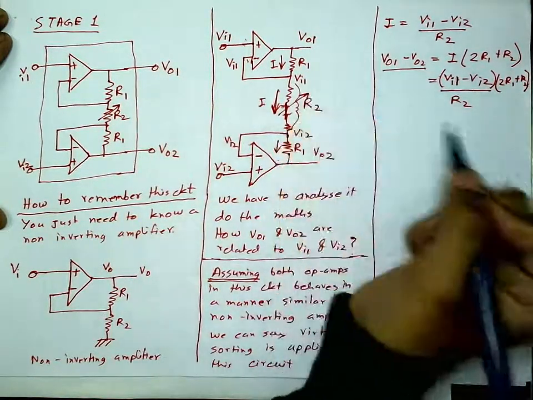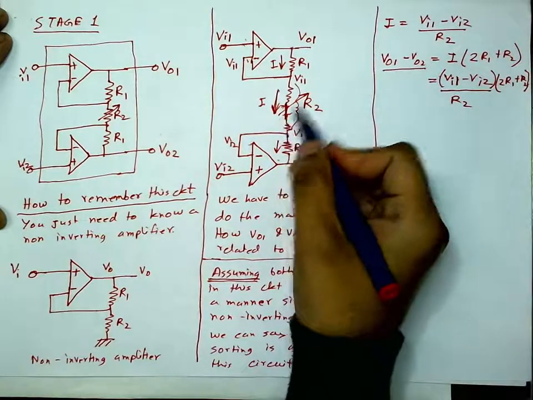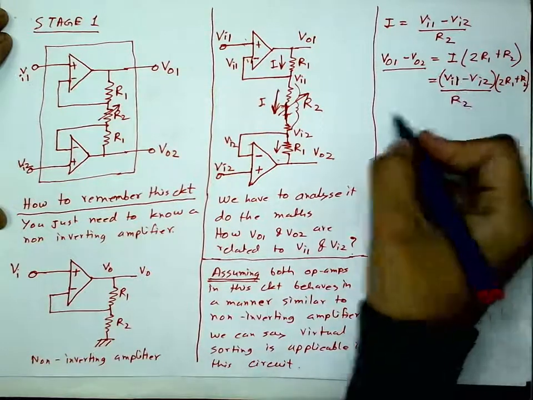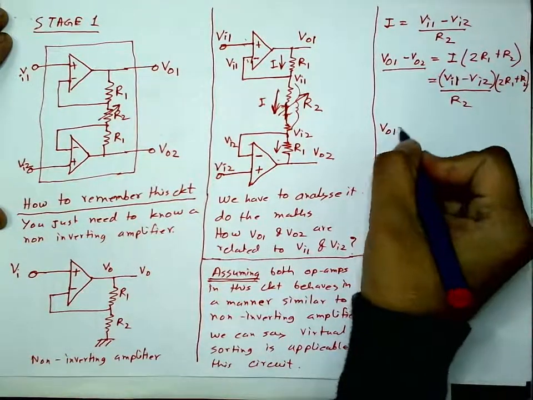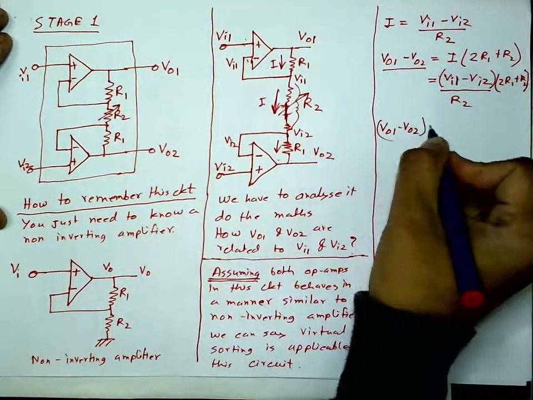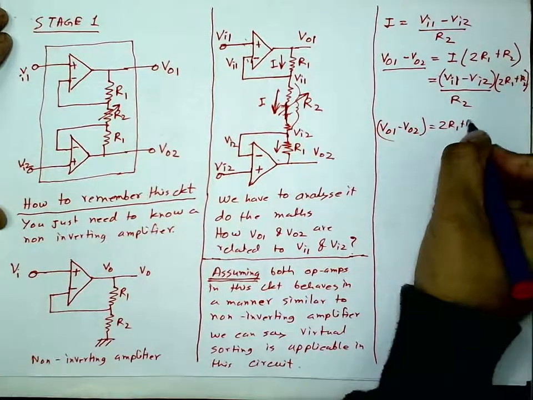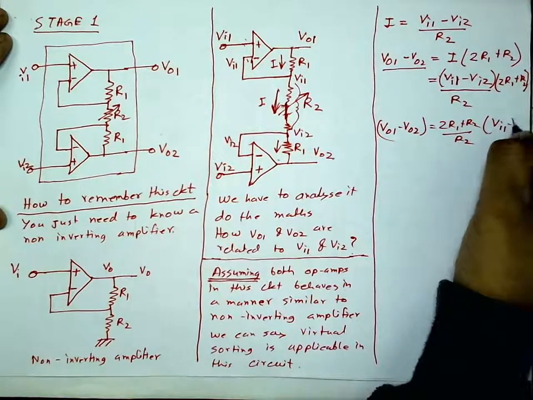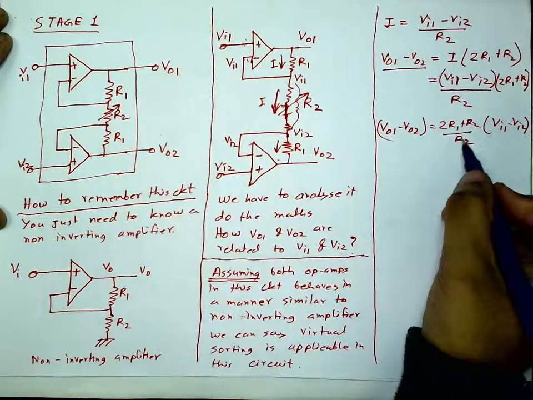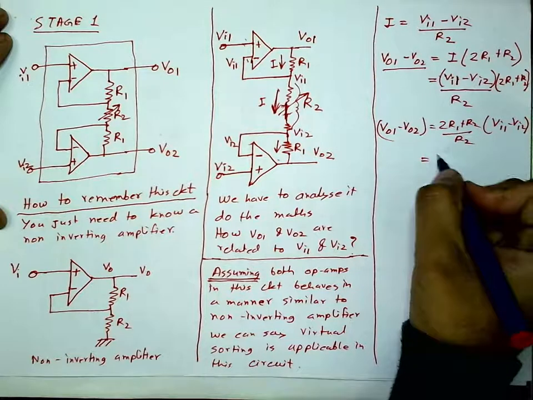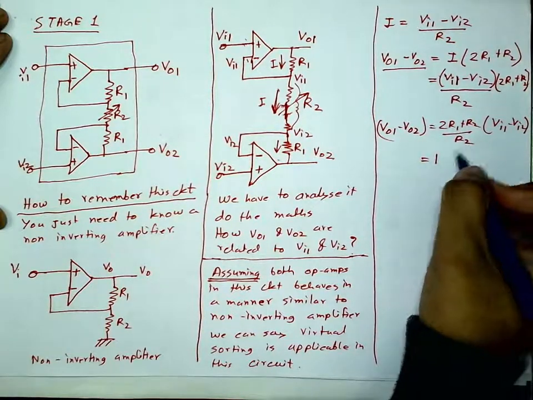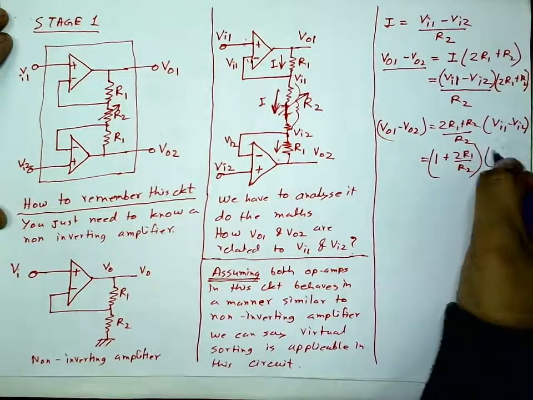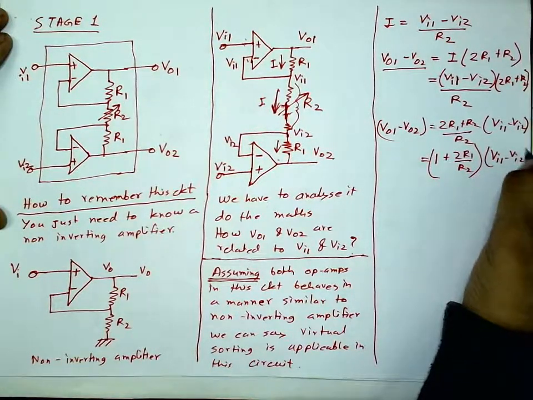Therefore, by changing R2, I can change the gain of this circuit. So VO1 minus VO2 is equal to 1 plus 2R1 by R2, whole multiplied by Vi1 minus Vi2.